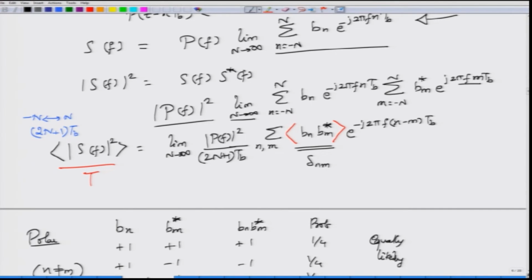When you replace that, what you are saying is out of the two summations that you have, one on n and one on m, you choose only those terms where n is equal to m. Throw away all the cases where n is not equal to m.